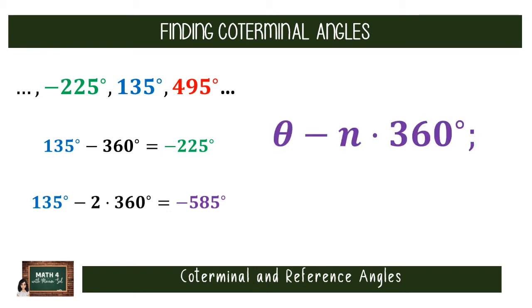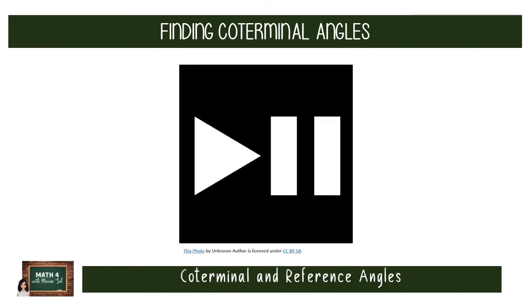We follow the pattern given angle theta minus n times 360 degrees to obtain all negative angles coterminal with the given angle. And here n should again be an element of the set of positive integers. You might want to pause this video and take notes before playing it again to proceed.